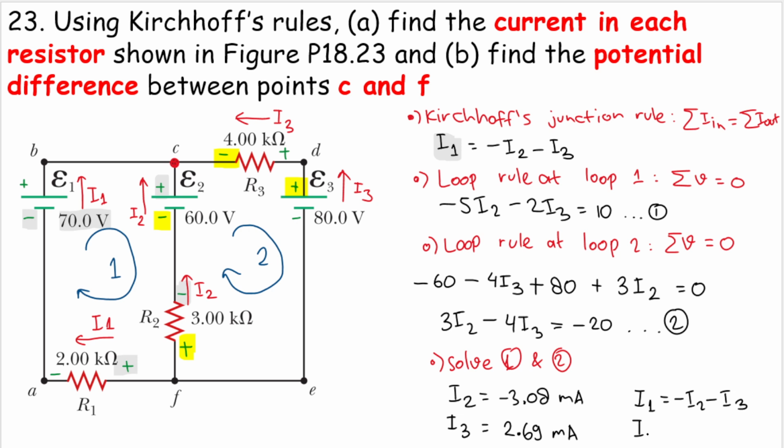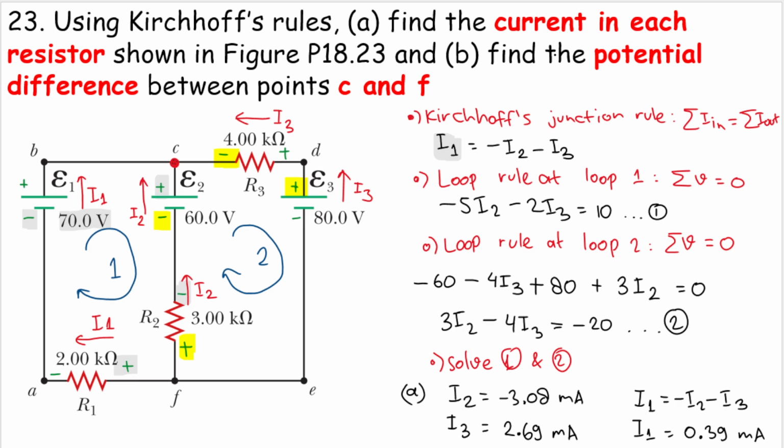Okay, so I1 is equal to 0.39 milliampere. Good. And this is the answer for question A, right? I1 is the current that passes through this, I2 is the current that passes through this, and I3 is the current that passes through this resistor. So we have answered all the questions for question A.